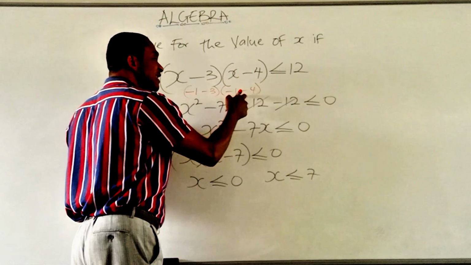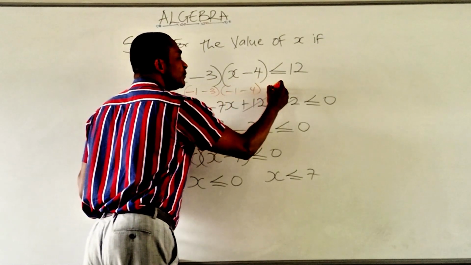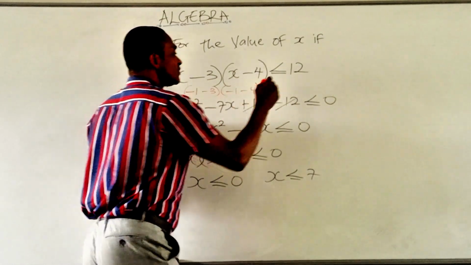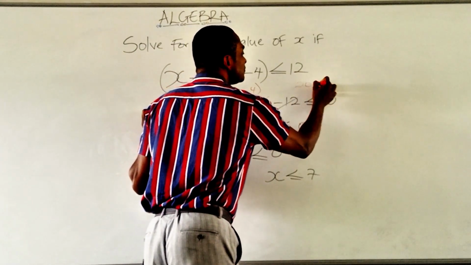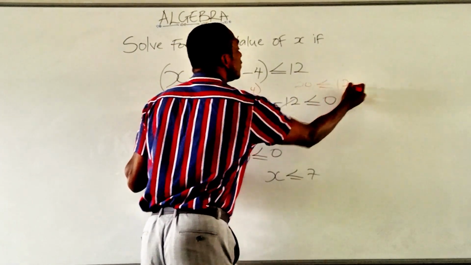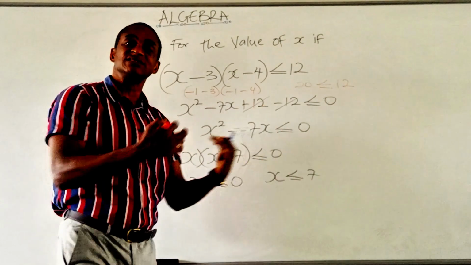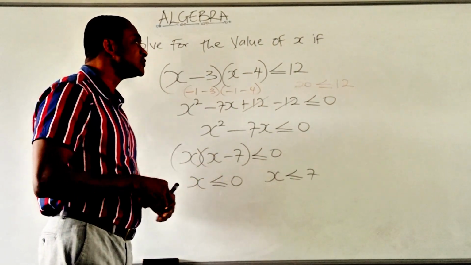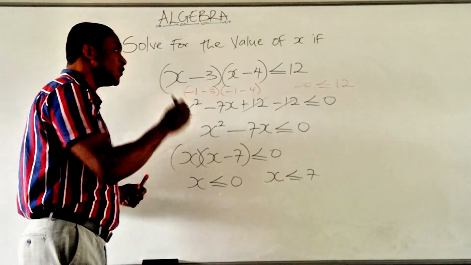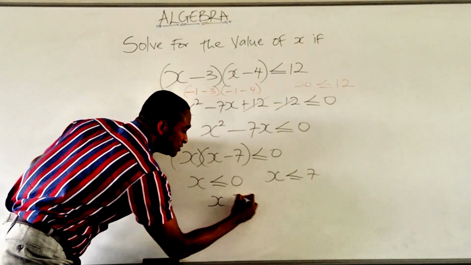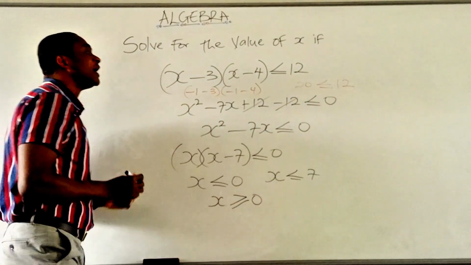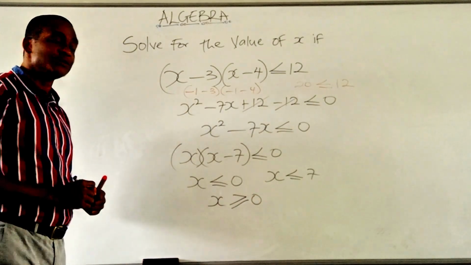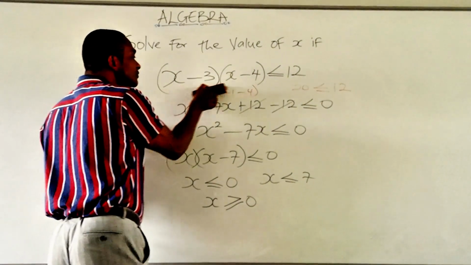Negative 4 times negative 5 will give us positive 20. Now we ask ourselves, is positive 20 less than or equals to 12? We compare the left hand side to the right hand side. The answer is no. When that happens, we swap out the logical operator. And then let's go to the second check.